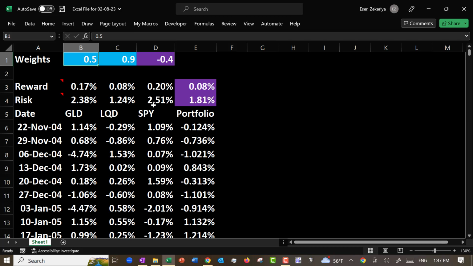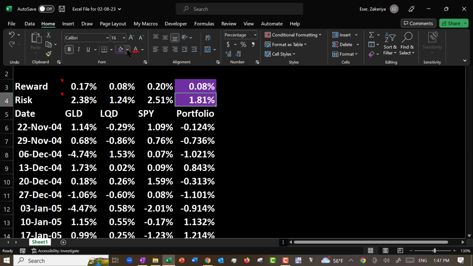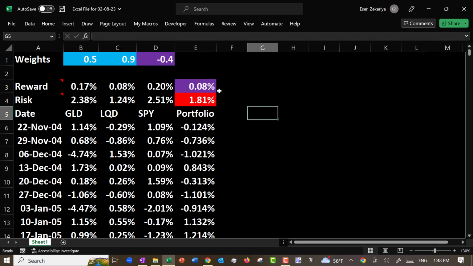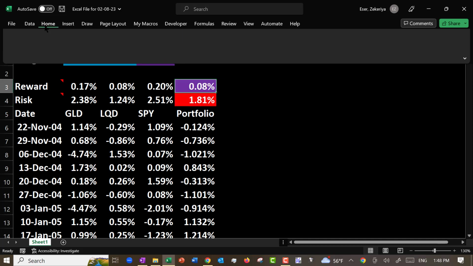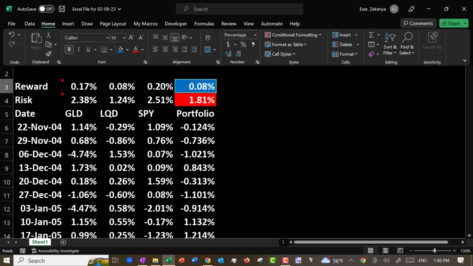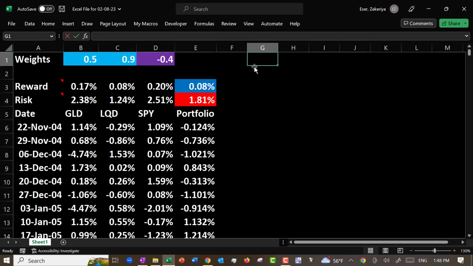But today I want to talk about how to calculate minimum variance portfolios. So let me make this red actually. Here I'm going to put a target reward. And let's see.